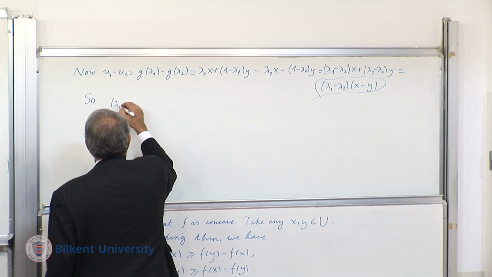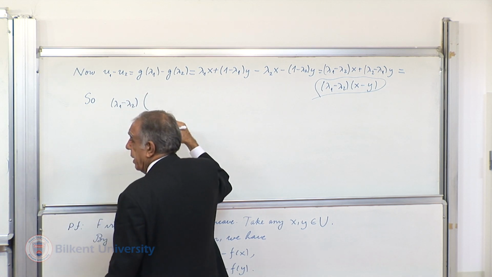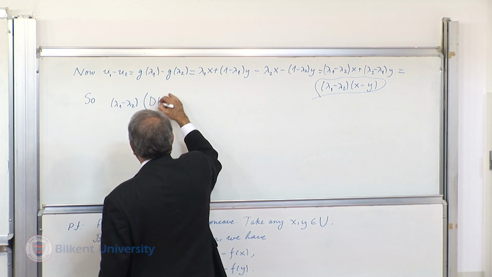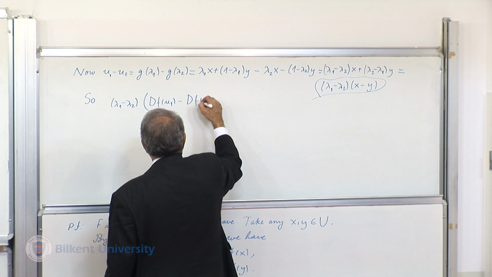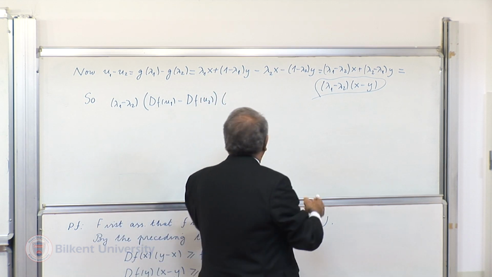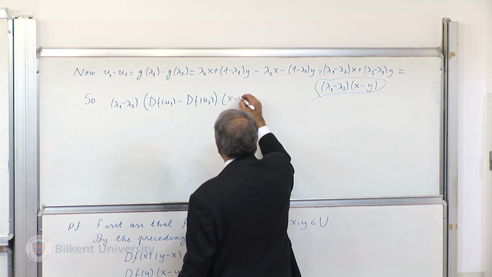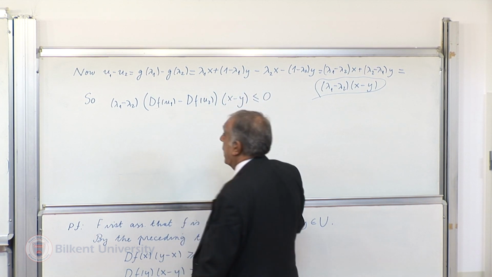Lambda 1 minus lambda 2 times df u1 minus df u2 of, what remains is x minus y, this will be less than or equal to 0.